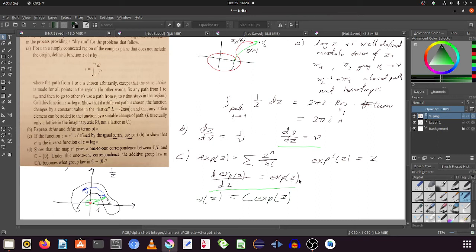We know, of course, that the exponential is periodic with period 2 pi i.